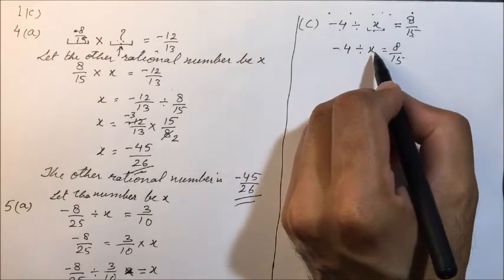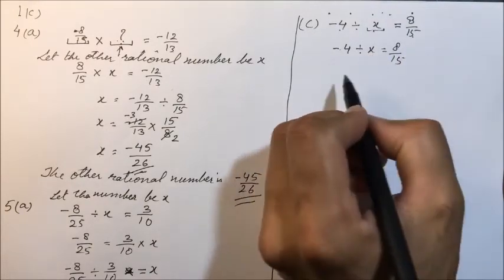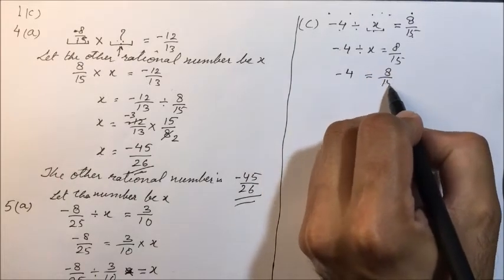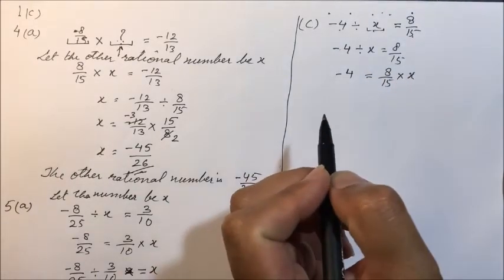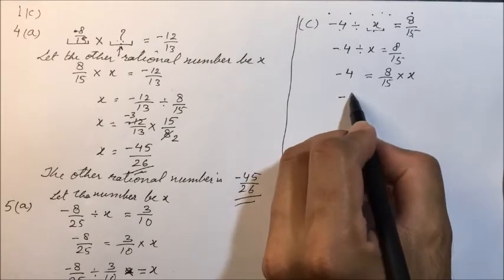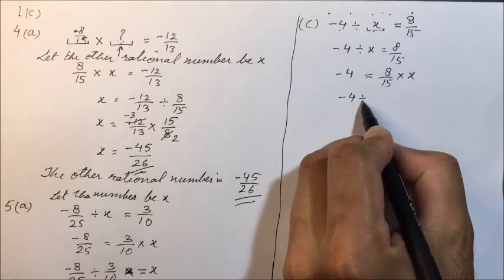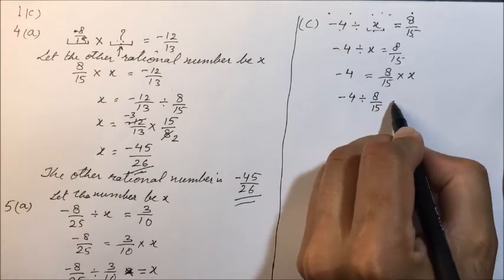If we take this on this side, it will become minus 4 equal to 8 upon 15 into x, or minus 4 divided by 8 upon 15 equal to x.